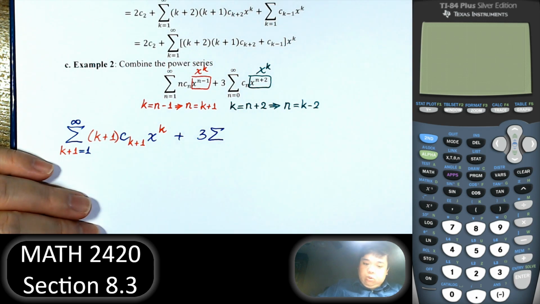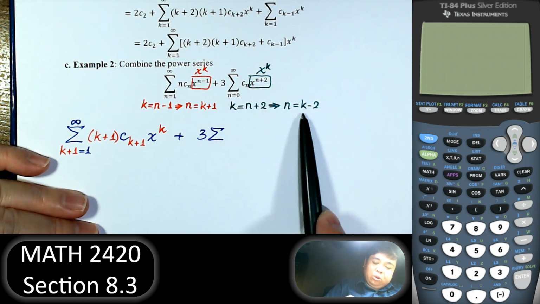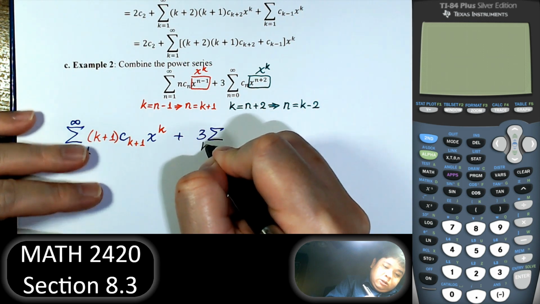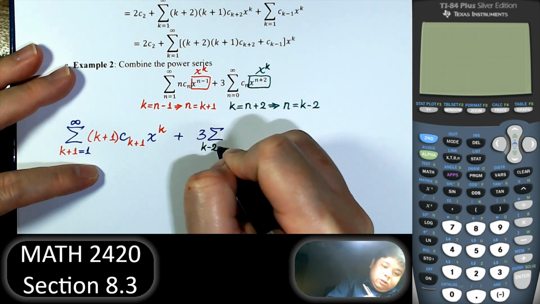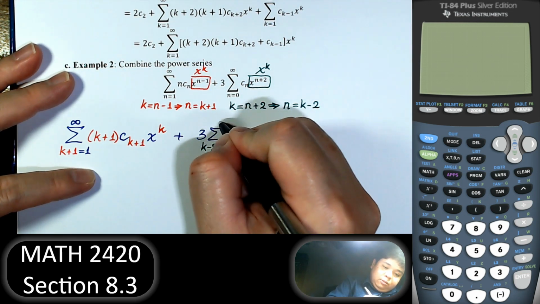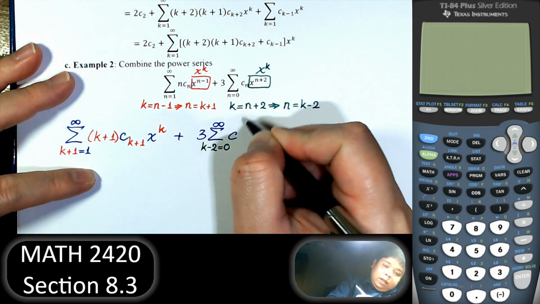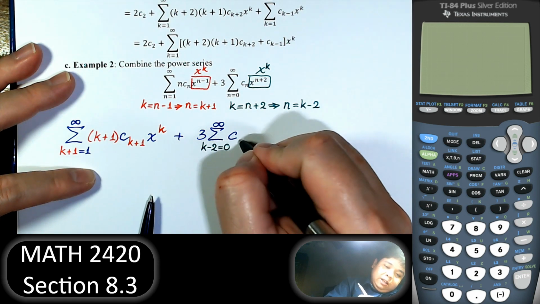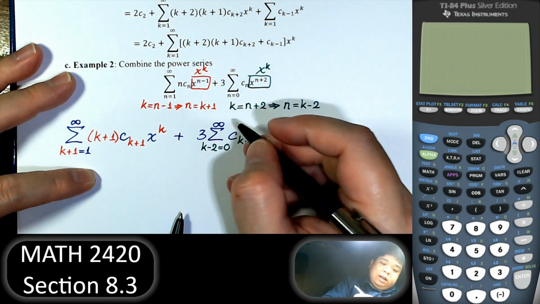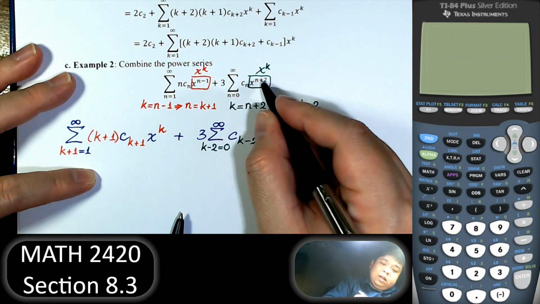Next, on this one, we let n equal to k minus 2. C of n is c of k minus 2, and then x to the n plus 2.